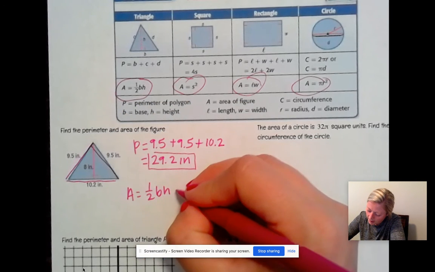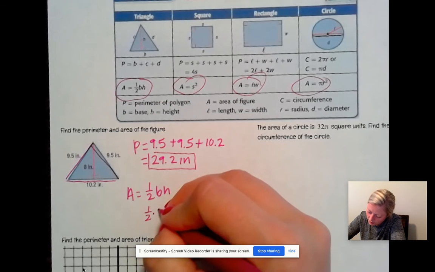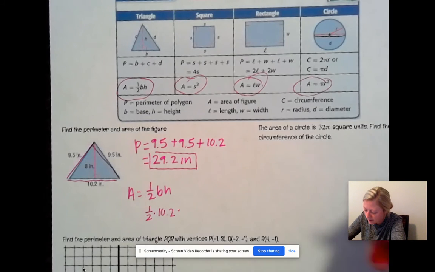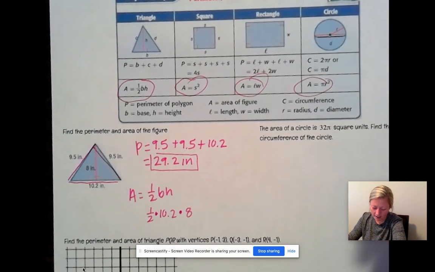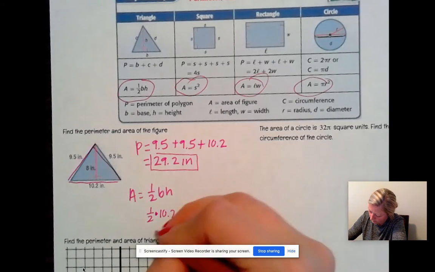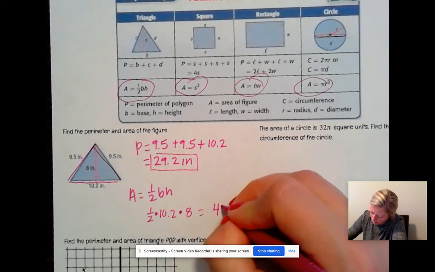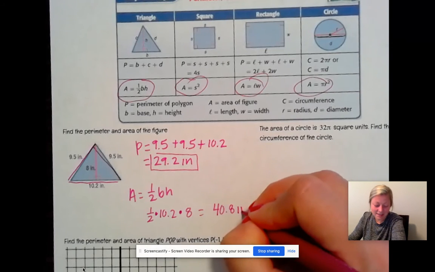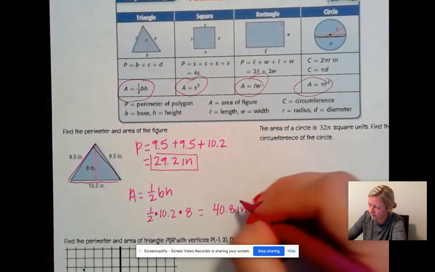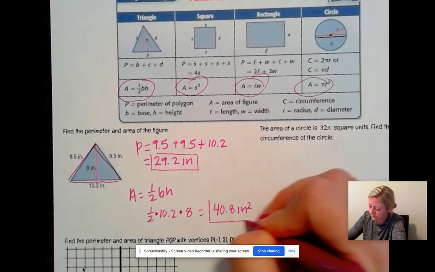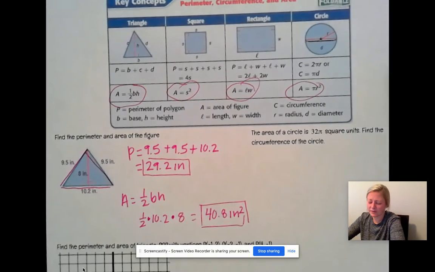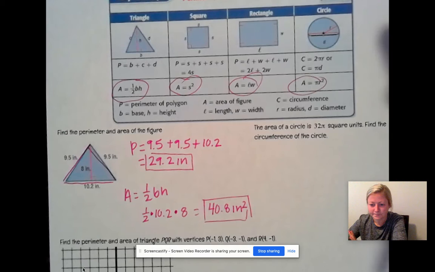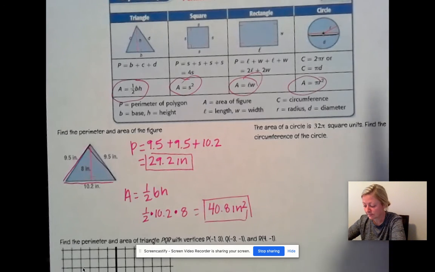So if we plug in half our base of 10.2 times our height of 8, we find that our area is 40.8 inches, but now since it's area, squared. How do you feel about that? Have we done that before? Was that uncomfortable? Let me know in class.